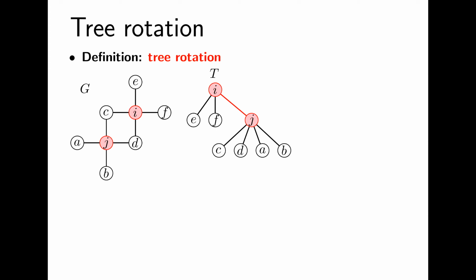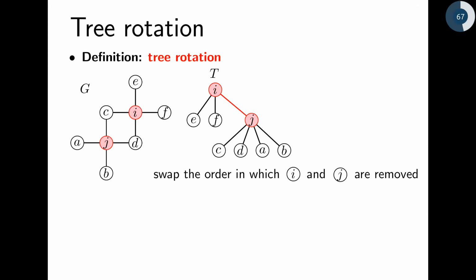And an elimination tree rotation of this edge ij now just corresponds to swapping the order in which you remove I and J. So you keep the removal order of all nodes the same, except you change the order of I and J. So instead of first removing I and then J, you first remove J and then I. This gives another elimination tree, and for two trees obtained in this way, we say that they differ in a tree rotation.